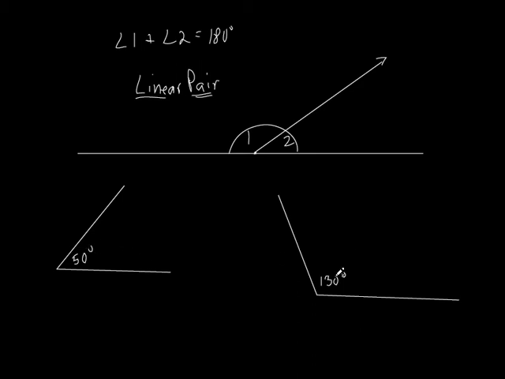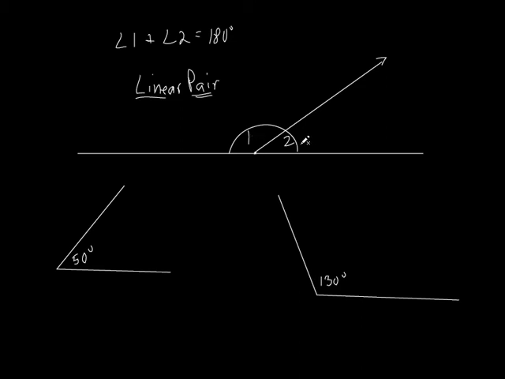Now, what's true about 50 and 130? What do they add up to be? 180. But are these two angles right here a linear pair? No, they're not, okay? Because they don't form what? A straight line. They don't form just one single line. Now, they do add up to 180 degrees, don't they? All right? But those two angles right there don't form one straight line. So I don't consider them a linear pair.